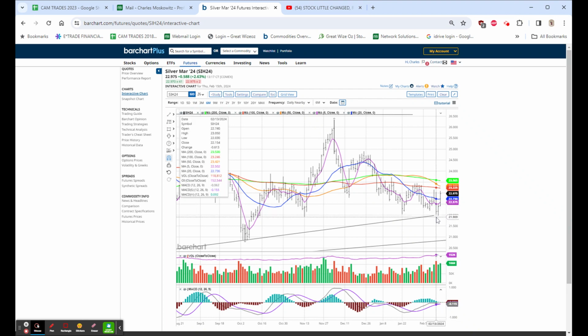Now, we bought it closer to the low of the day as it was starting to move up and go through unchanged. So we got in on the basis of, let's call it 22 and a quarter. And we bought the next strike out at that point in time.